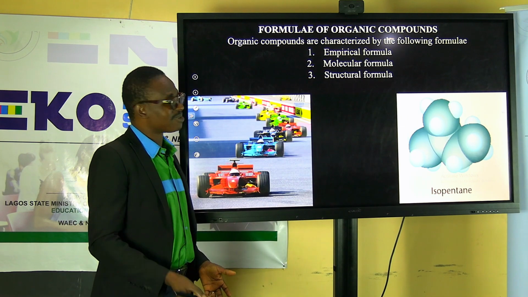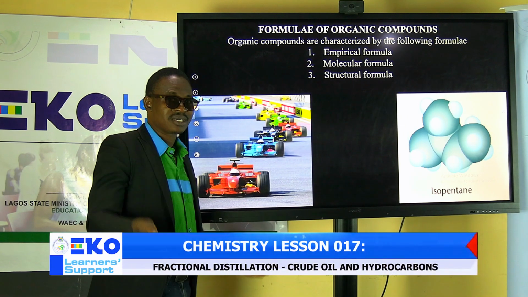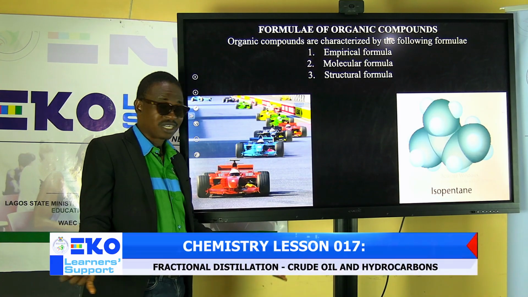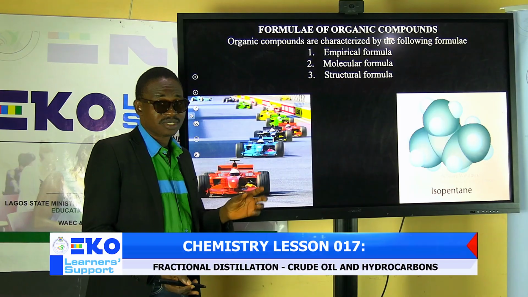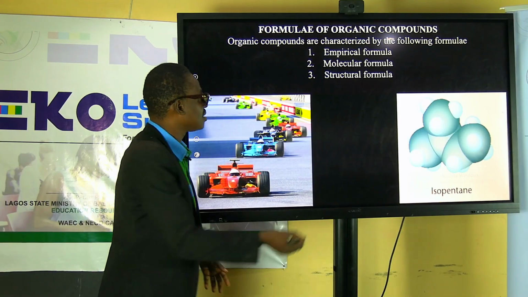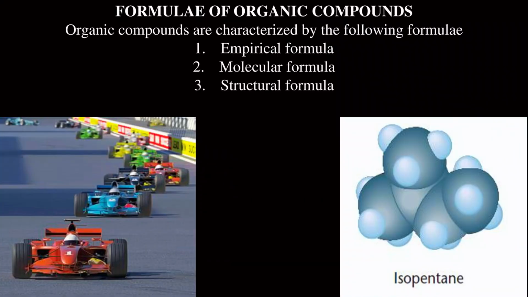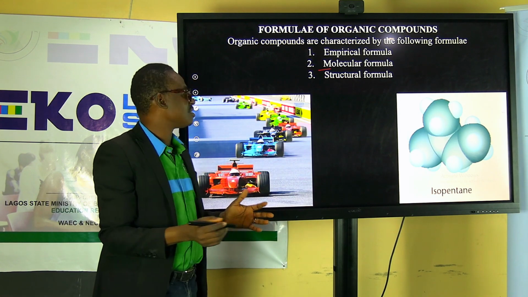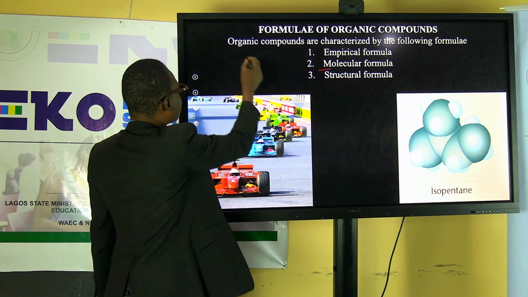You have the empirical formula. I hope you know what the empirical formula is called. The actual atoms: you can see in a compound the actual whole atoms. Then the molecular formula is talking about the molecules of these atoms in a compound. Let me give you good examples of this empirical formula.